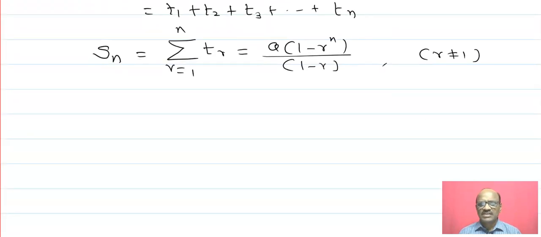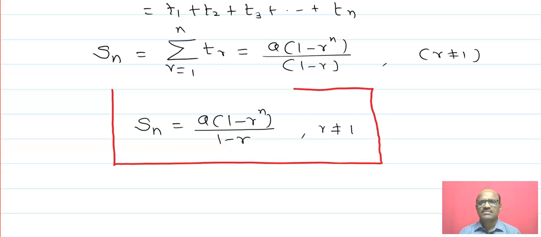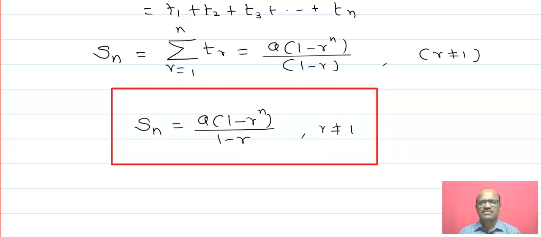Now in this case the value of r is less than 1, therefore we apply this formula, that is Sn equals a times (1 minus r raised to n) upon 1 minus r, where r is not equal to 1.